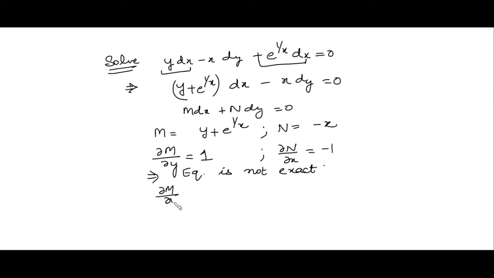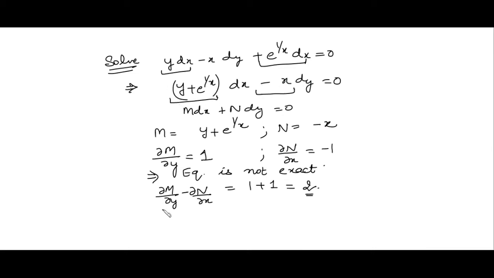So we take the difference of these two. We get 1 plus 1, which is 2. Now we have to see whether we have to divide it by M or by N so that it's a function of x alone or y alone. If you divide by M, it is neither a function of x alone nor of y alone, so we cannot consider M here.